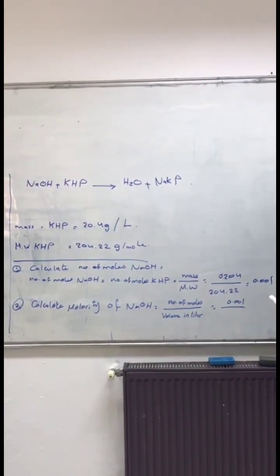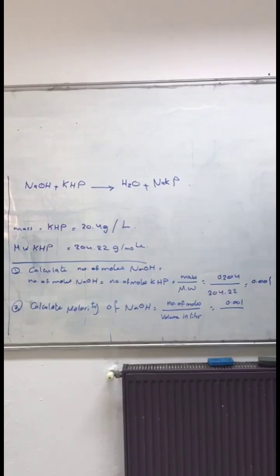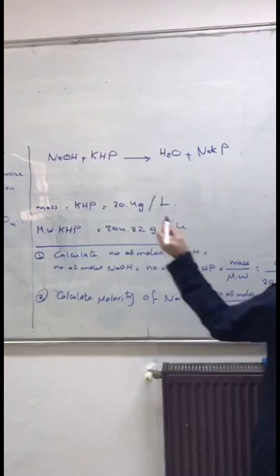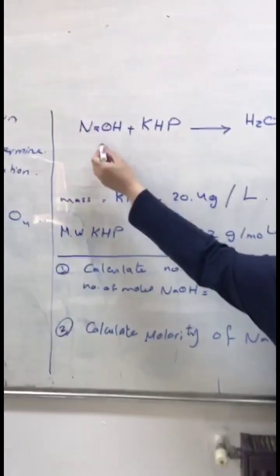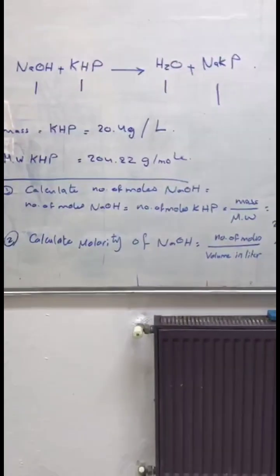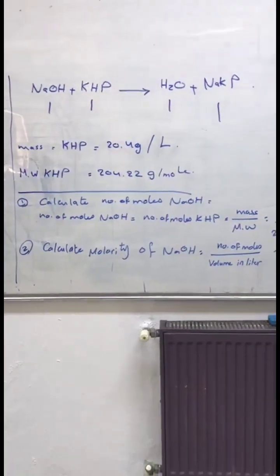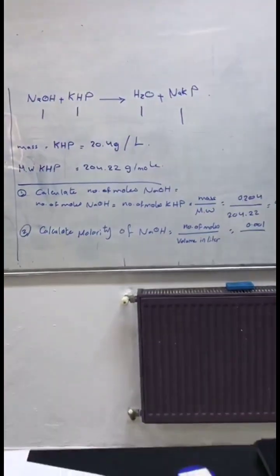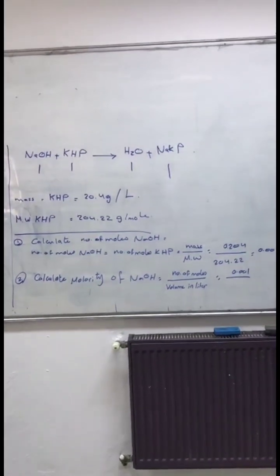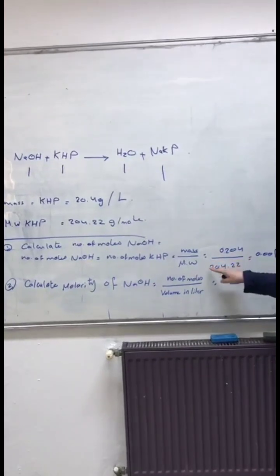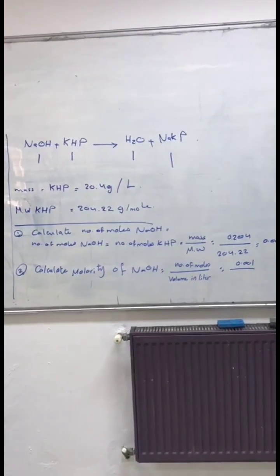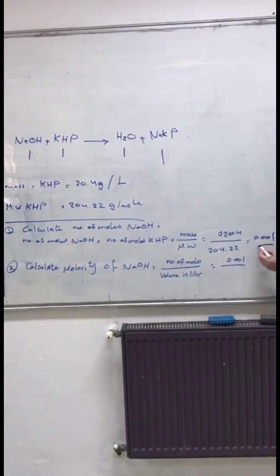Calculate the number of moles of NaOH. From our equation, the molar ratio is 1 to 1 to 1 to 1. So, the number of moles of NaOH equals the number of moles of the KHP, which equals mass over molecular weight, and it equals 0.001.